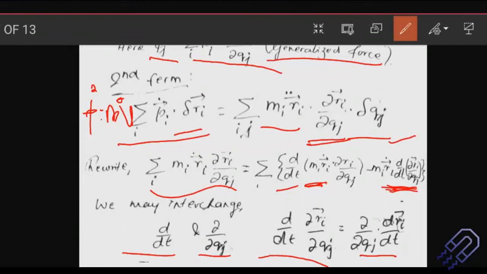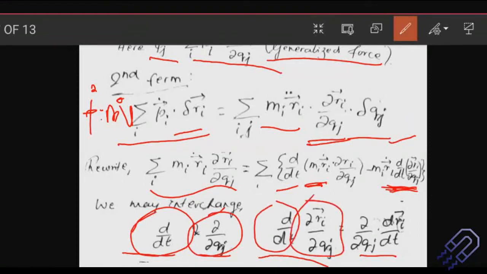Okay, so you see, you can just interchange this, because I said that we can interchange this and this. So I'm interchanging it here. Okay, so this is important. So if we can interchange this, we can write down the equation in this form. So this particular equation will become this equation.